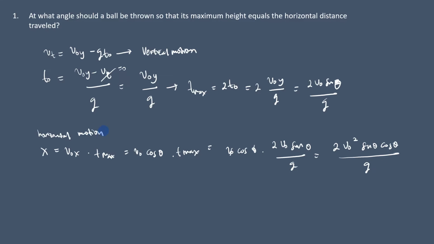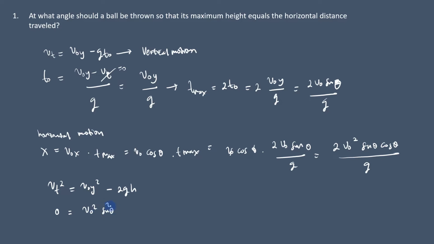Okay, the time to the top is Vo sin theta divided by g. Okay, so the maximum height: looking at the ball falling back down to the ground, we know that the equation is Vt square equals Voy square minus 2gh, and at the top Vt is 0, so we substitute this term.